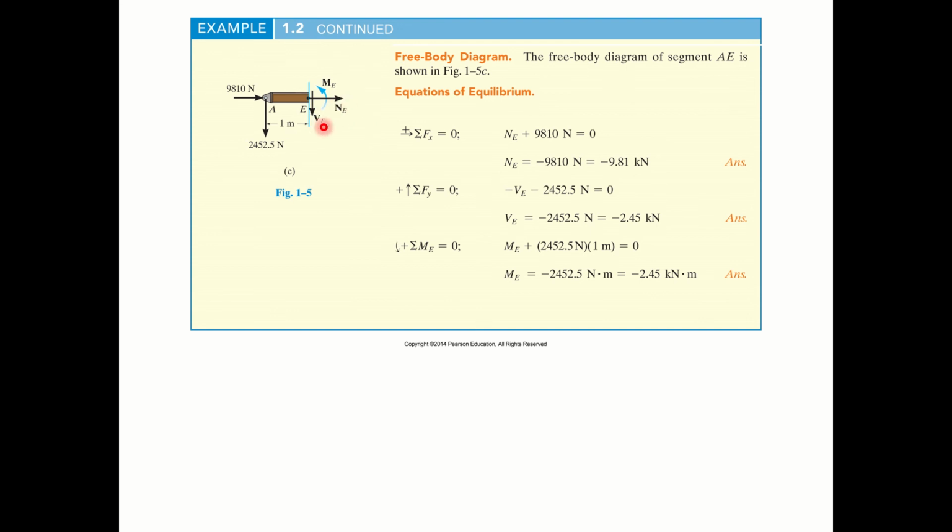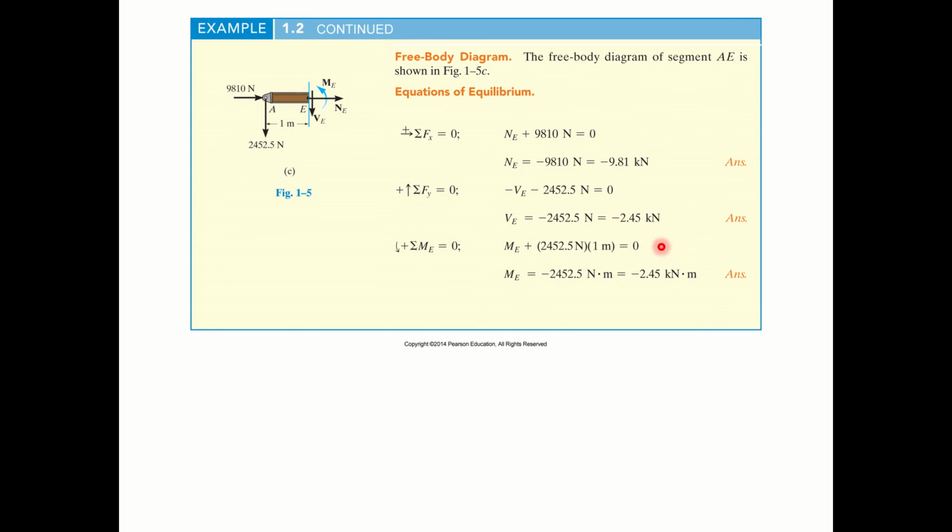The normal force balance tells you NE is negative 9,810 Newton, and VE plus AY must equal 0, so you could calculate NE equal to negative AY.